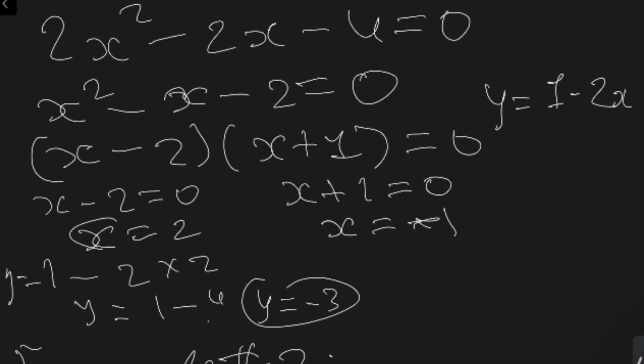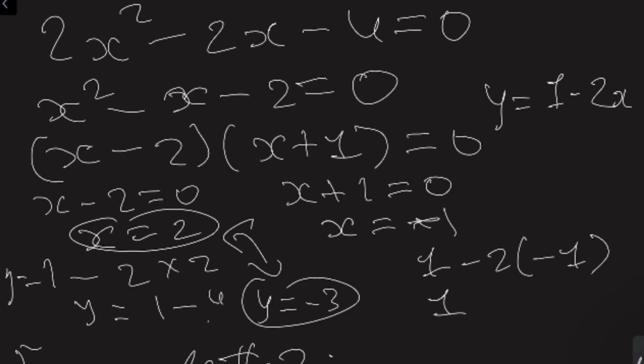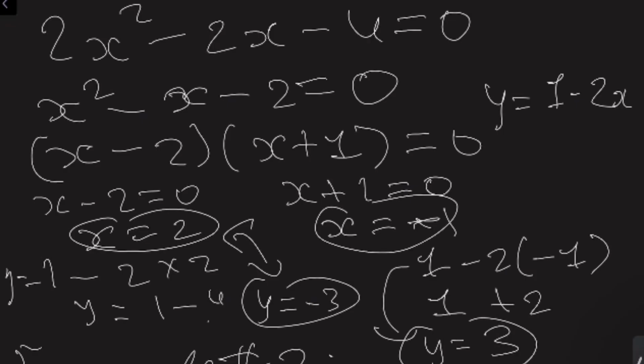So your first solution set is x equals 2, y equals minus 3. Now for the second set of solutions, you've got the other solution of x, which is minus 1. So sub it into here, like this, and then you will get y equals 3. And there you go. These are your two sets of solutions, and you're done.